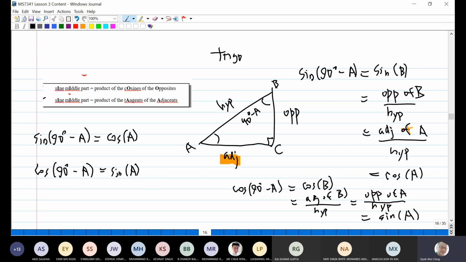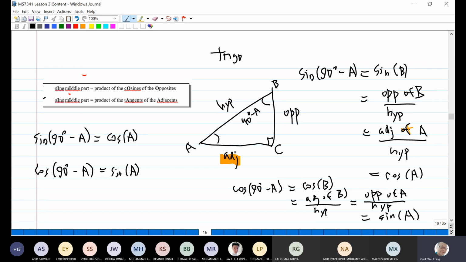So at least you can save a lot of calculation. Sine of 90 minus A is cosine of A. Cosine of 90 minus A is actually sine of A here. If you don't understand this, tomorrow I'll go through this again.